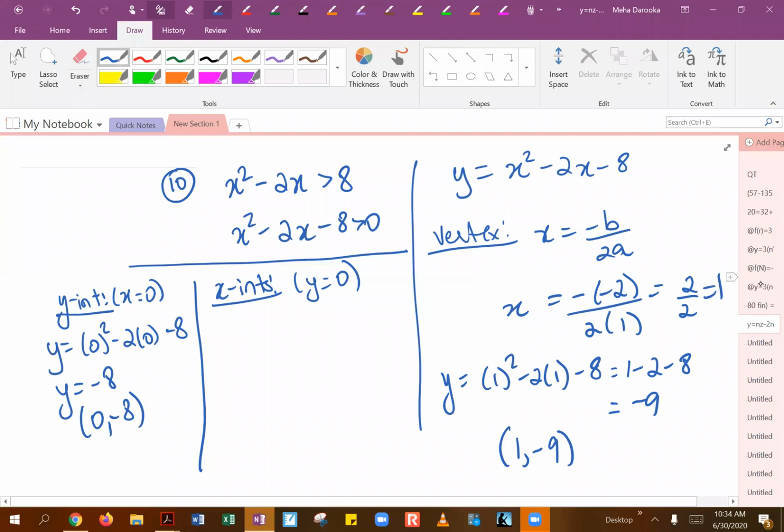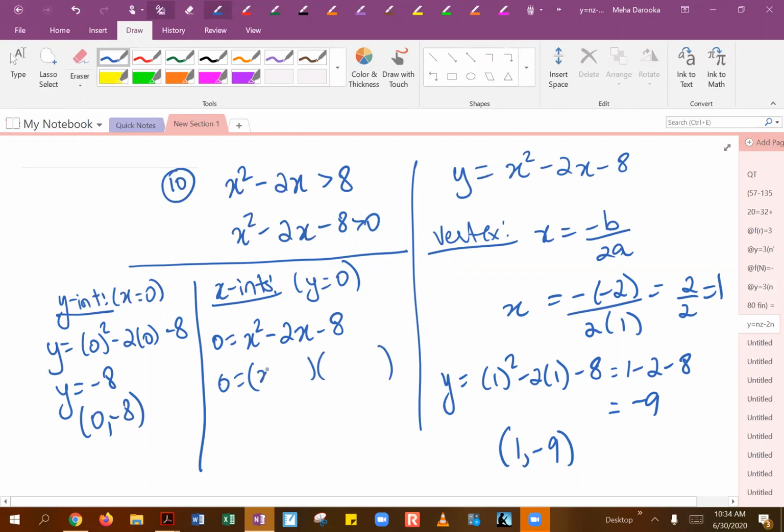And then what do we get for our x-intercepts? Let's see, Audrey, you've got positive 4, 0, and negative 2, 0. Okay, very good. So that means you have 0 equals x squared minus 2x minus 8, where we set our y equal to 0. And then, of course, you can factor this quadratic equation.